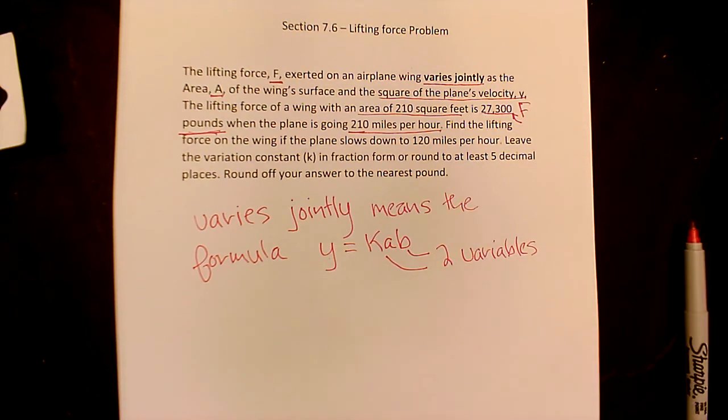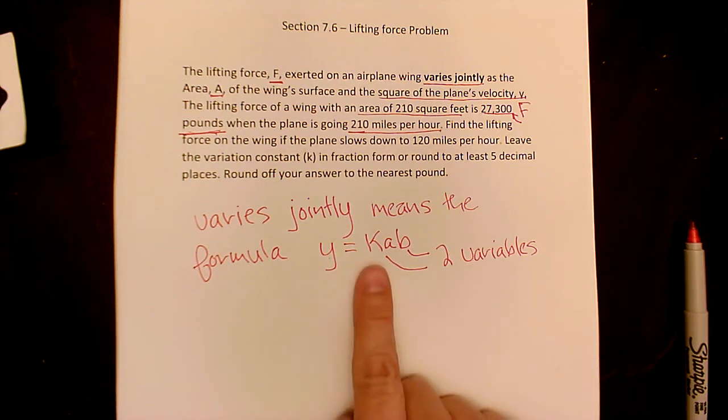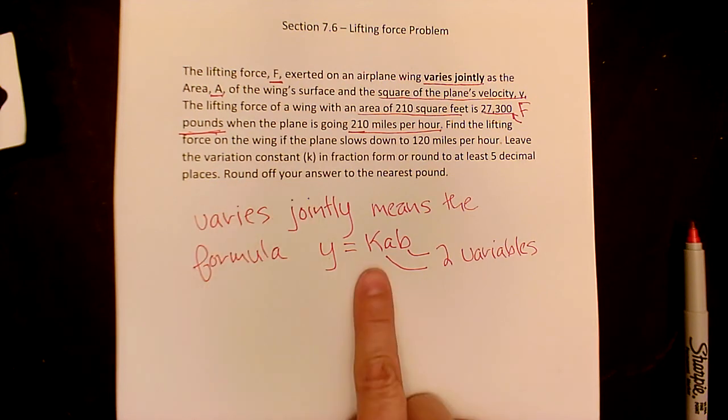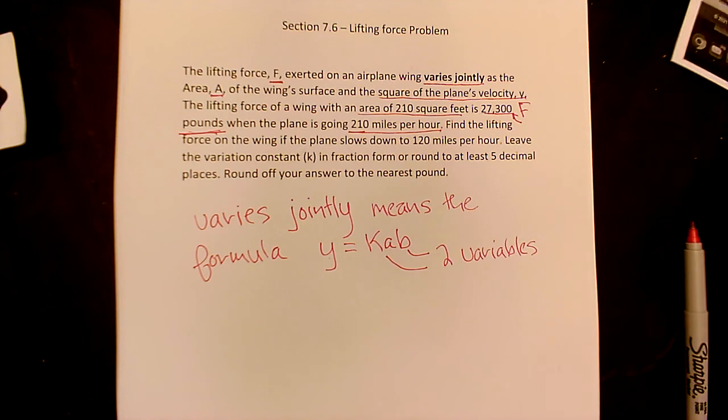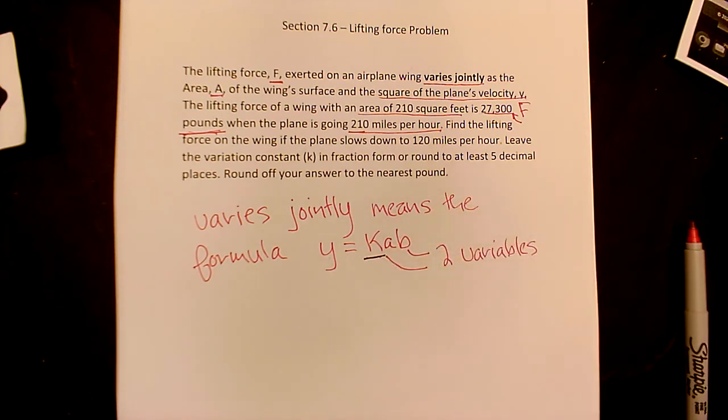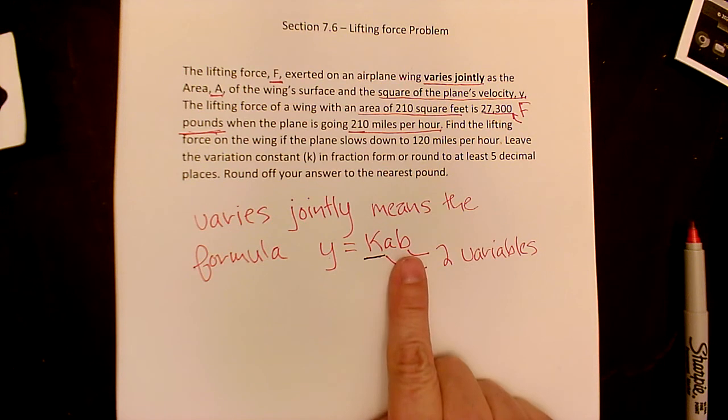So this is kind of like a double varies directly. In any 7.6 problem there has to be a k, which is called the variation constant. In any problem, direct proportion, inverse proportion, varies jointly, we're going to have that k in there. And then we've got the two variables here.